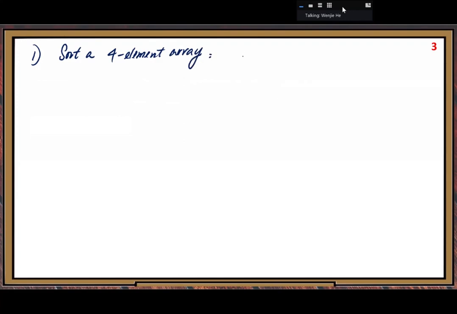We know it takes 5 comparisons, and this is optimal, right? We need this result, 5 comparisons. And we have a question on it.